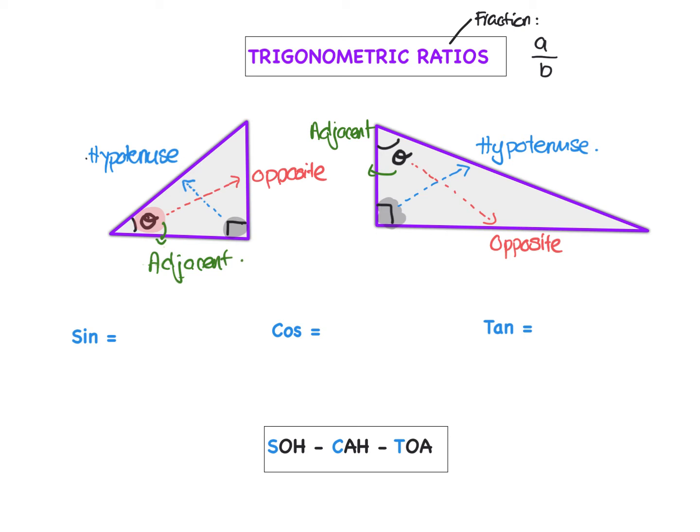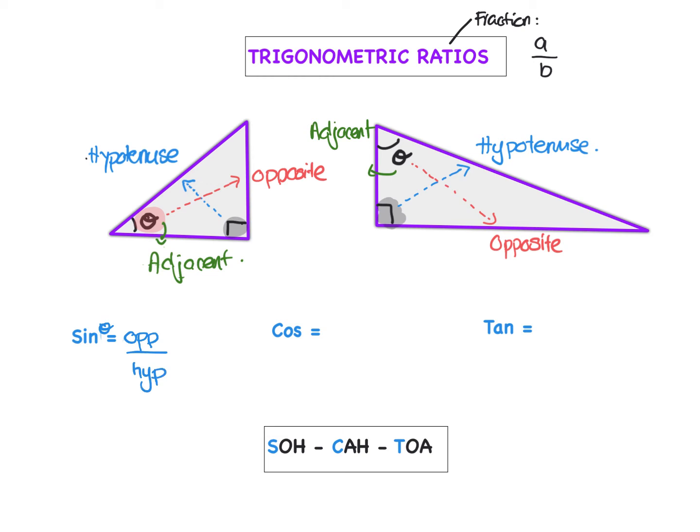I'm now going to tell you what these rules are. We are going to be using sine, cos and tan, which are functions on our calculator. Sine of the angle is equal to the opposite side over the hypotenuse side.